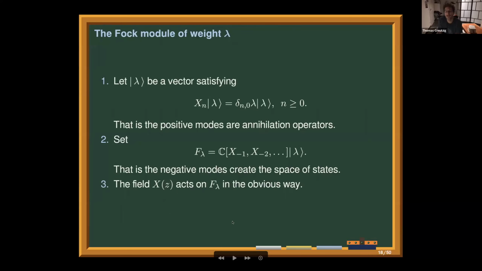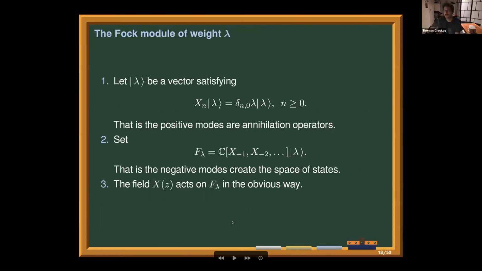But what we do is we also take just a one-dimensional module for the non-negative modes, where we simply require that all modes x_n act as 0, except that the 0 mode acts by multiplication by the scalar lambda. The scalar we like to call a weight. You can also call it an eigenvalue, it's fine.